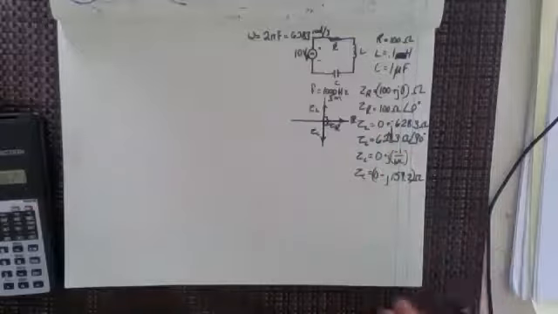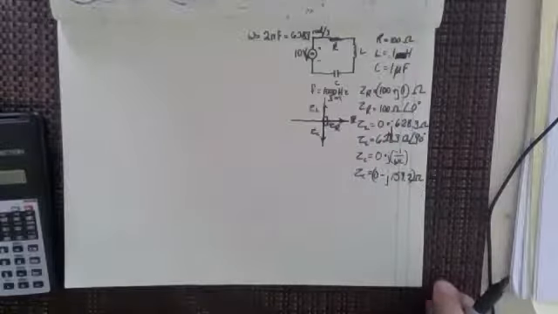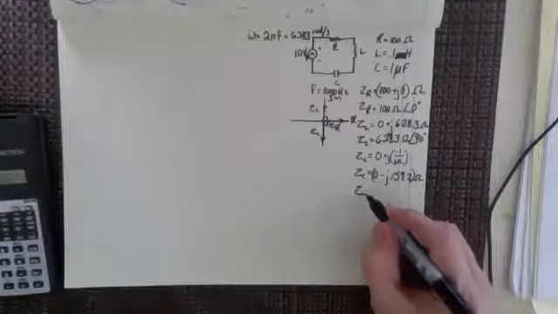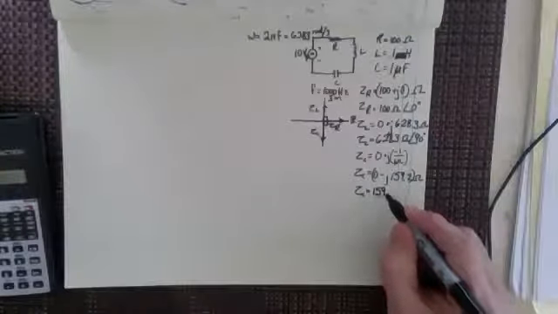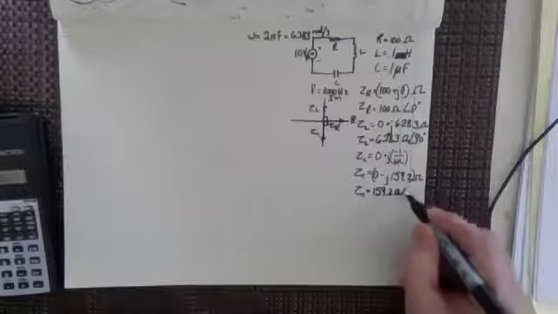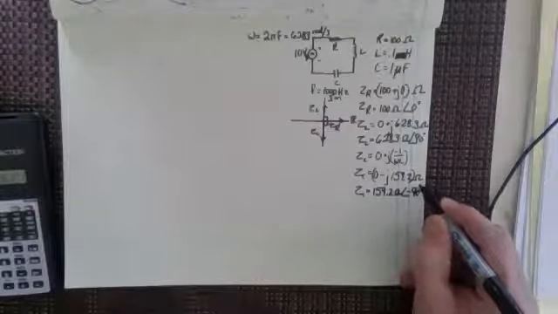So that's what Z sub C is going to be. And those are our three components. Oh, I forgot to write this in phasor form. That would be 159.2 ohms at an angle of minus 90 degrees, right?